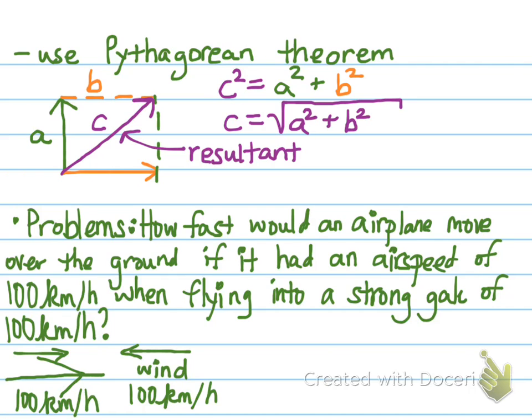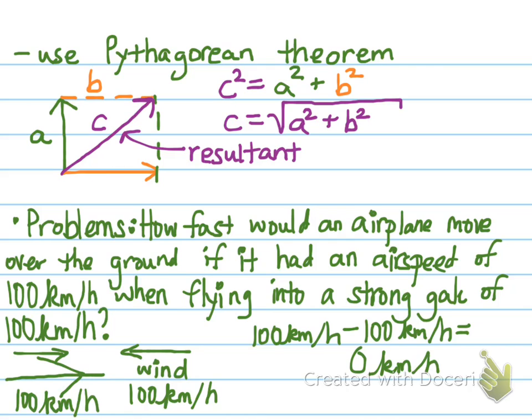What am I going to do mathematically to figure out the resultant? These are in opposite directions. So it's 100 kilometers per hour that the plane is traveling minus the 100 kilometers per hour that the wind is pushing, which gives me 0 kilometers per hour.